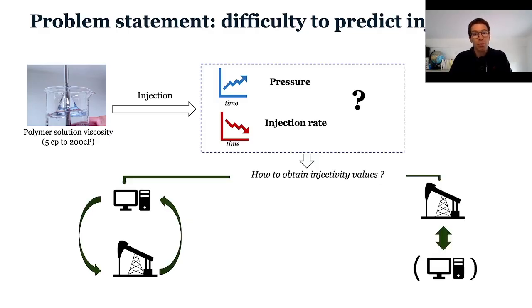And there is the other option, which is, well, I don't have a model, or I know that it's been very difficult to predict injectivity with any of the available simulators for many reasons. And so I decide to go to the field. I gather the values which are the most important, the ones that you can't get in the lab.